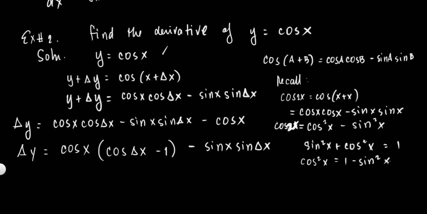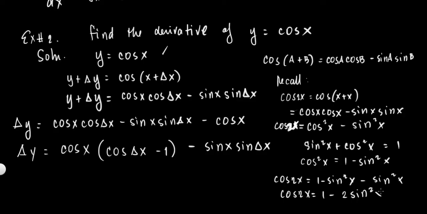Then we substitute this 1 minus sine square x here sa cosine square x. So cosine 2x is equal to 1 minus sine square x minus sine square of x. Or cosine 2x is equal to 1 minus 2 sine square of x.